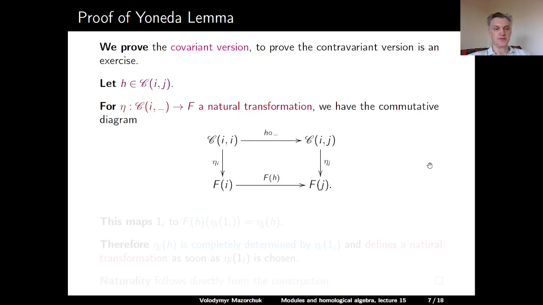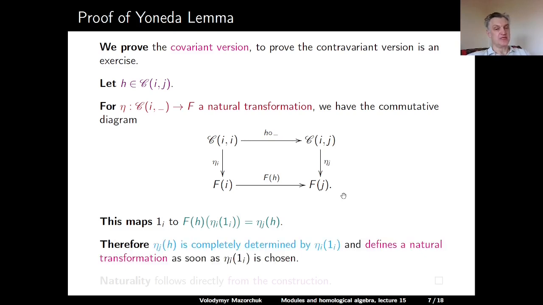natural transformation. So this commutative diagram, on the one hand, sends the identity at I to eta_J of h. So this is if we go first here and here. And if we go the other way around, we will get that identity of I is sent to F(h) of eta_I applied to 1_I.